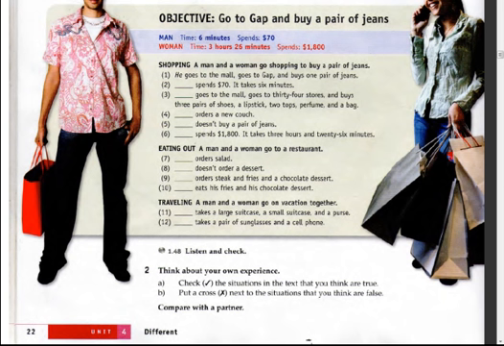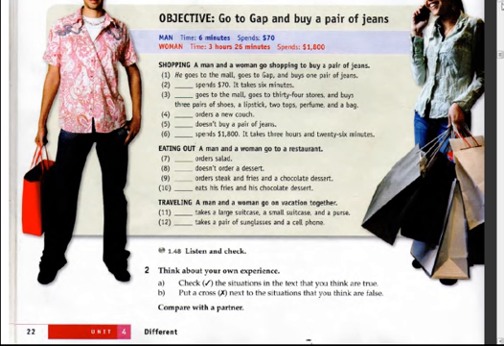A man and a woman go shopping to buy a pair of jeans. He goes to the mall, goes to Gap, and buys one pair of jeans. He spends $70. It takes 6 minutes. She goes to the mall, goes to 34 stores, and buys 3 pairs of shoes, a lipstick, 2 tops, perfume, and a bag. She orders a new couch. She doesn't buy a pair of jeans. She spends $1,800. It takes 3 hours and 26 minutes.